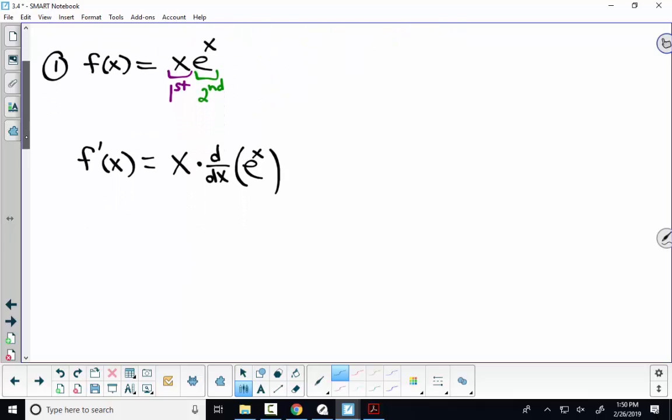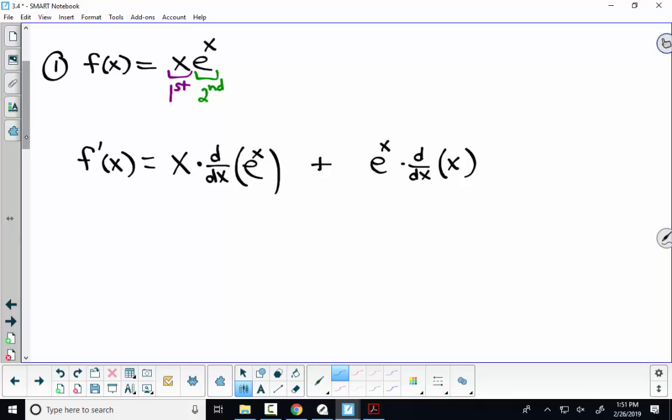So we're just going to recite the rule: the first times the derivative of the second plus the second times the derivative of the first. Unless you've had a class recently in high school, or maybe last semester, and you're just really good at taking derivatives, I wouldn't try to do any of these derivatives in my head.